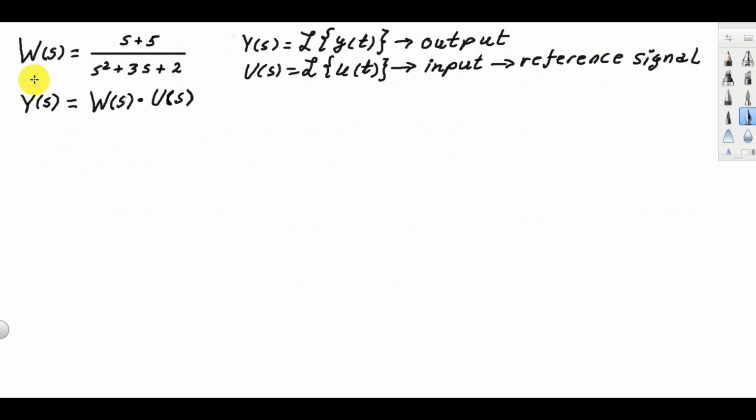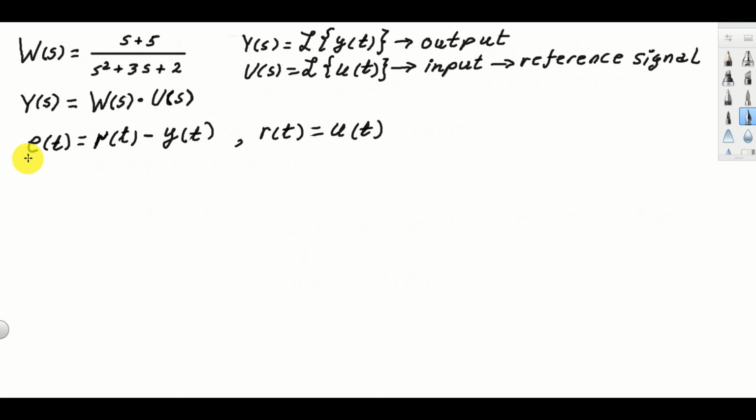And our goal is to compute the steady-state value of the error. In the time domain, the error is defined as E of t is reference signal R of t minus the output of the system. Again, over here, R of t is simply U of t in our case.